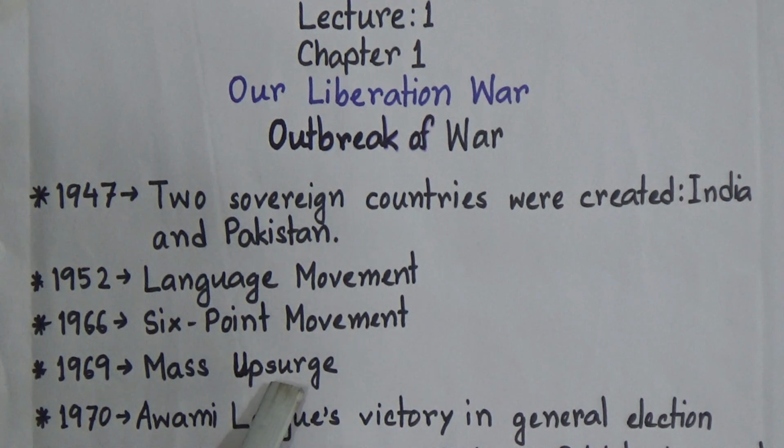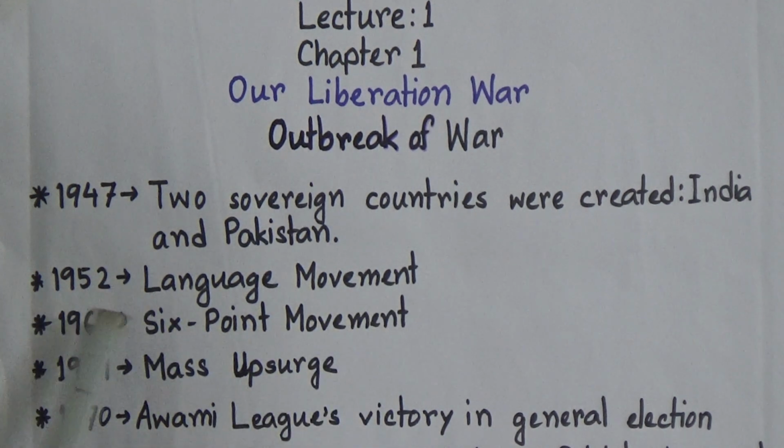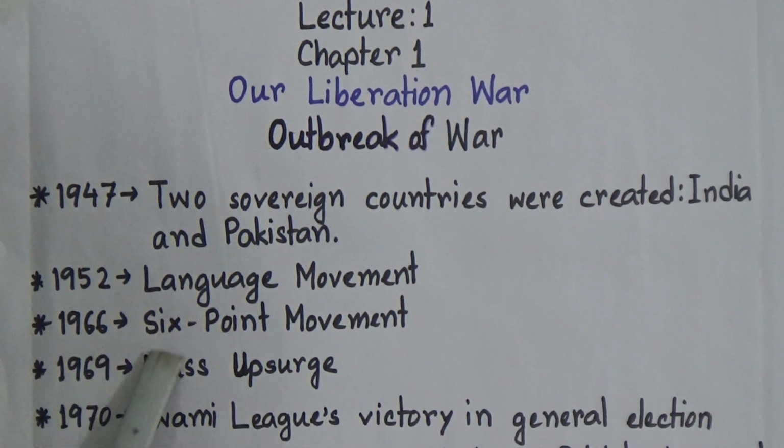They encouraged us to raise our voice and to fight against the Pakistani army. In 1952, there was a movement, which is the language movement. You all know about it. And then in 1966, the six-point movement. Then 1969, the mass upsurge. And then 1970, Awami League's victory in the general election.